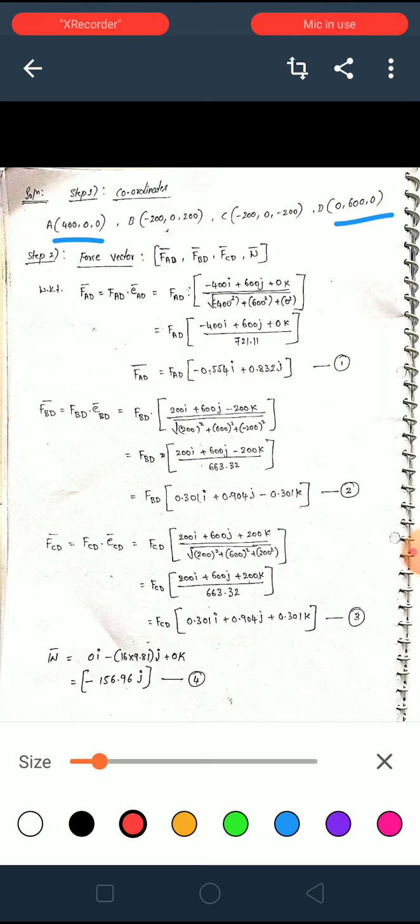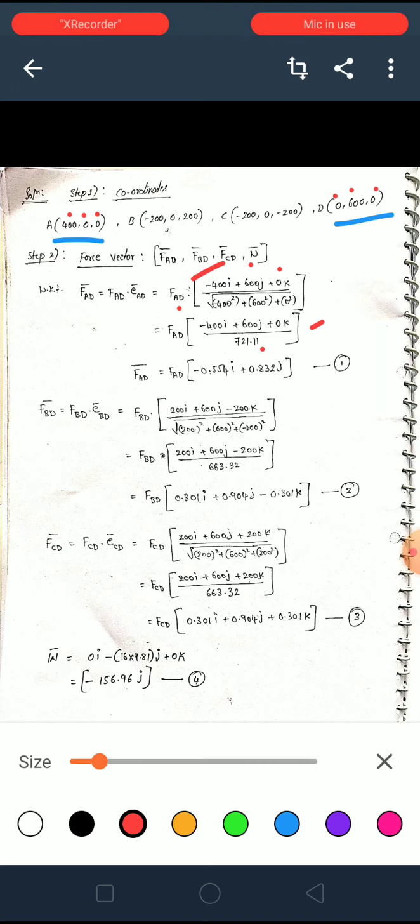Okay, 0 minus 400, I wrote directly as I. You can see here 600 minus 0, that is 600J, 0 minus 0, that is 0K, divided by under root of 400 square plus 600 square plus 0 square. So you don't know FAD, so FAD into minus 400I plus 600J plus 0K divided by under root of whatever 400 square plus 600 square plus 0 square it was, its under root becomes 721.11.